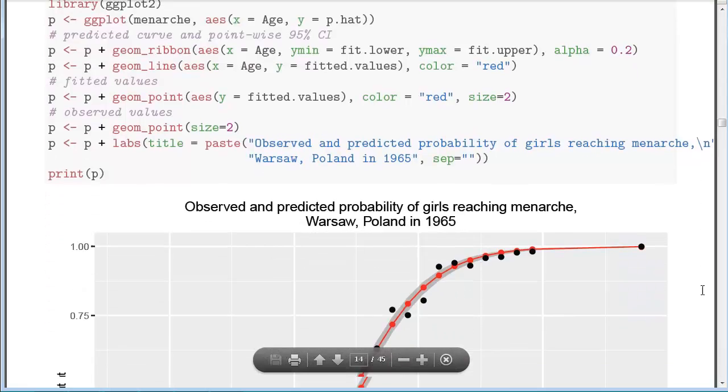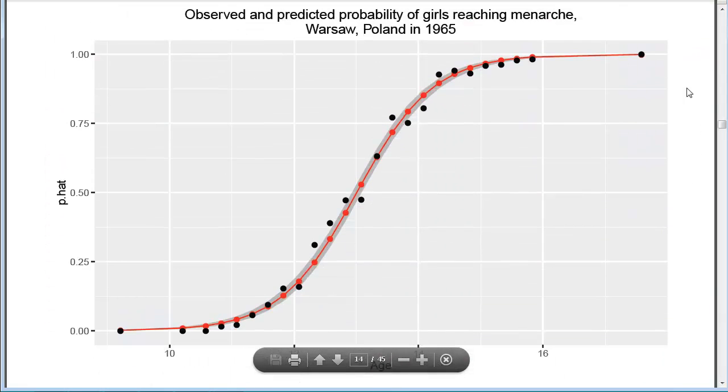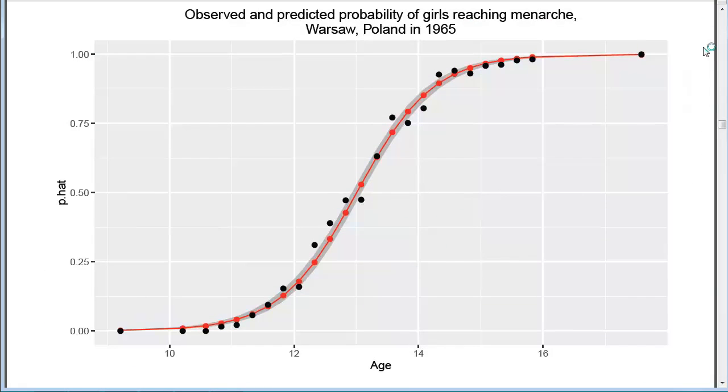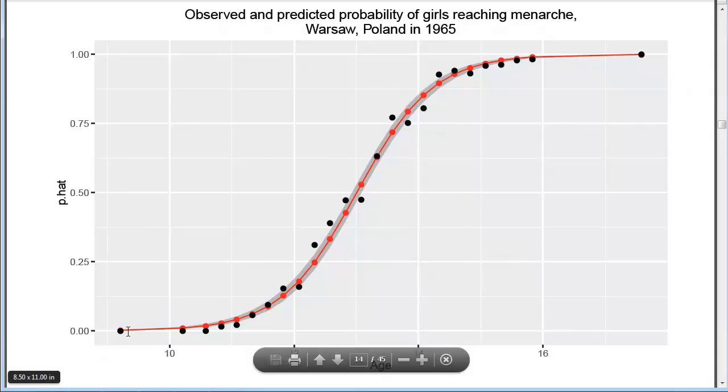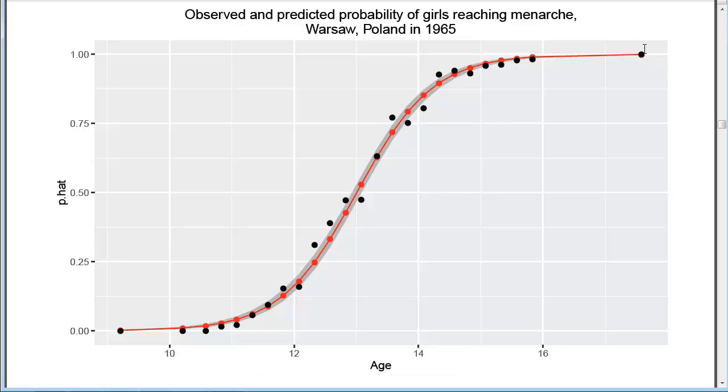So now I'm going to plot that, and we'll go back in a moment and look at the plotting code. So the black dots are the points that we observed. That was from the plot before. The red dots are the model prediction, and I've connected that with a red line because those predictions apply even for values of x for age that we didn't observe.